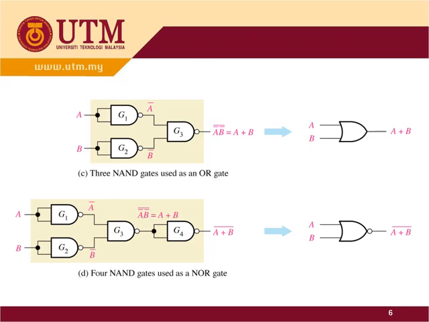So you need 3 NAND gates to make up an OR gate. And how do we arrange it? Of course, you start with 2 NAND gates, and then you end with 1 NAND gate.